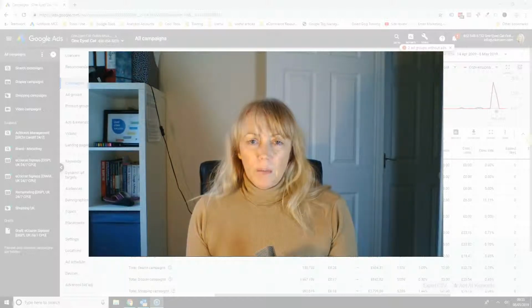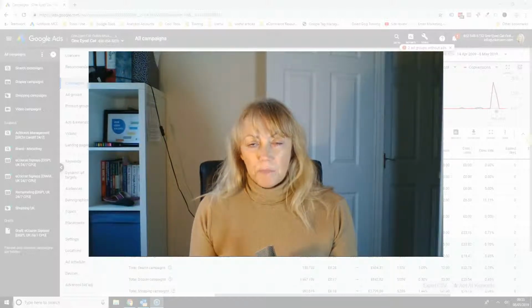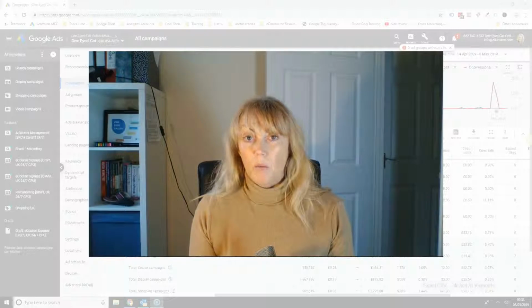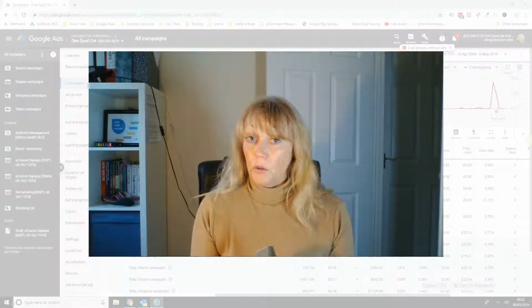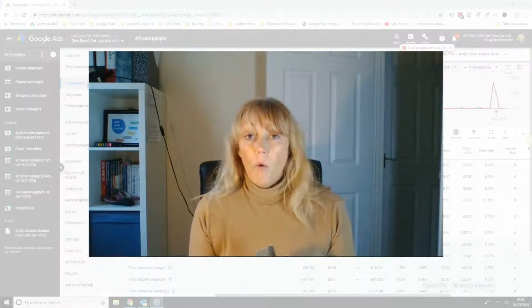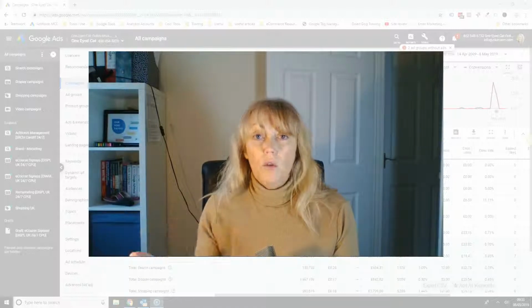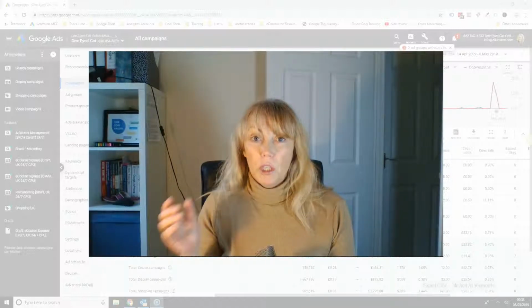So it's particularly important if you have a limited budget to make sure that you are optimizing and either reducing bids on time periods where you're not doing well, you're spending money and not getting orders or conversions, or actually not showing your ads at all during those periods if you are limited by budget.